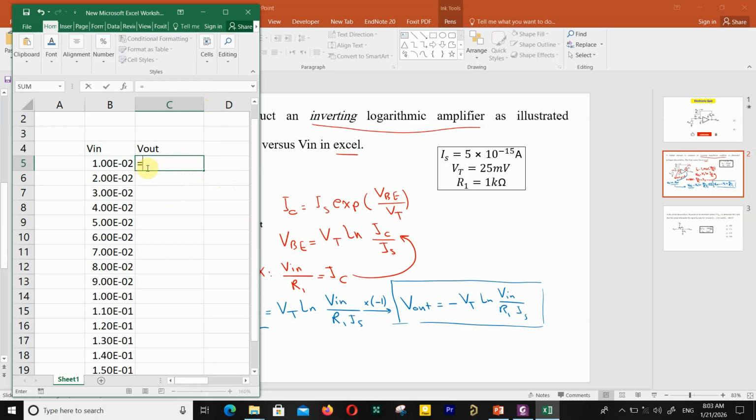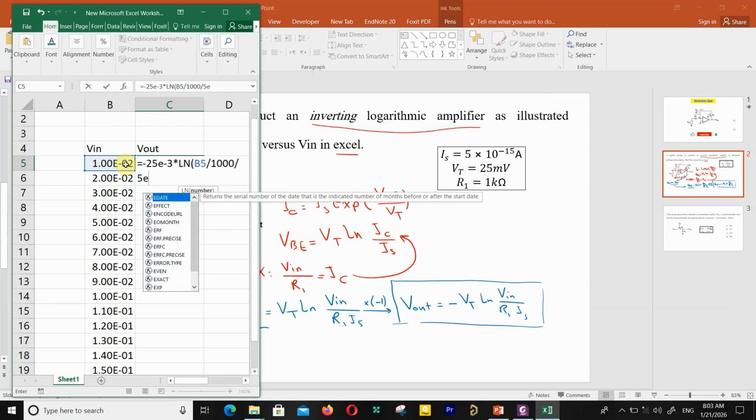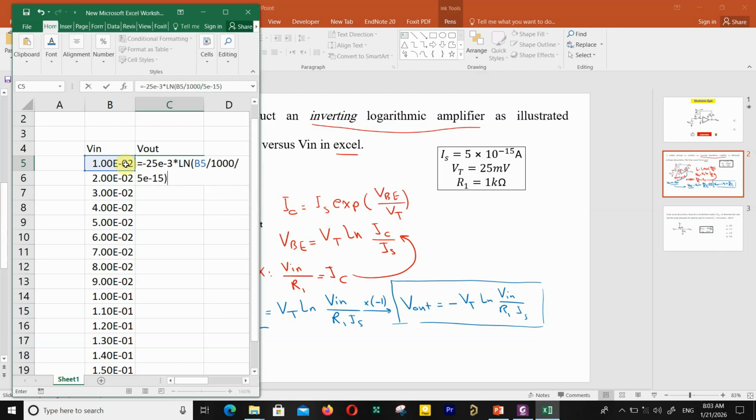Use the equal sign in here, then minus VT, which is 25 E minus 3, times ln of V in divided by R1, which is 1 kilo ohm, divided by IS, which is 5 E to the power of minus 15, and then close the parentheses, and this is the result for the first number.